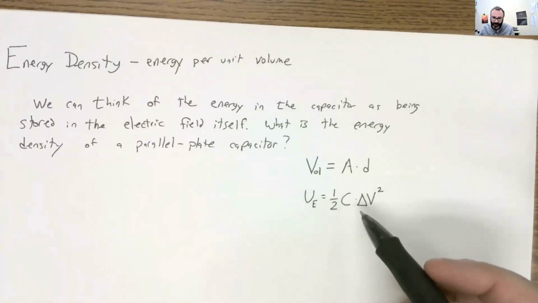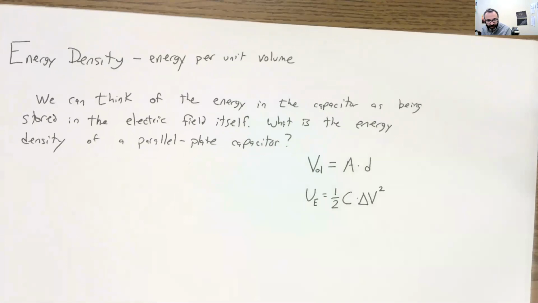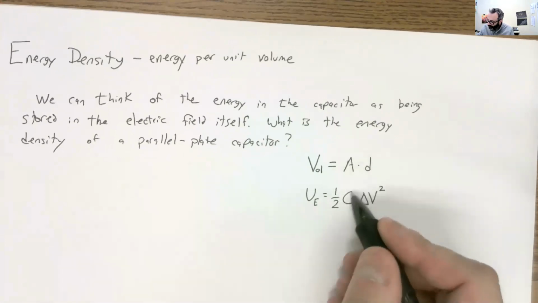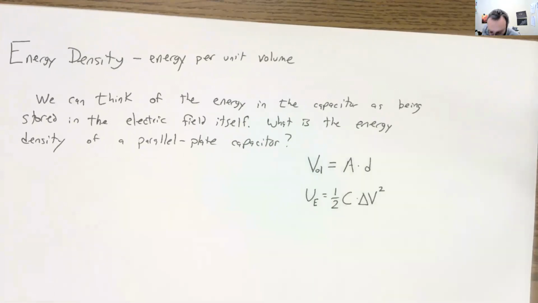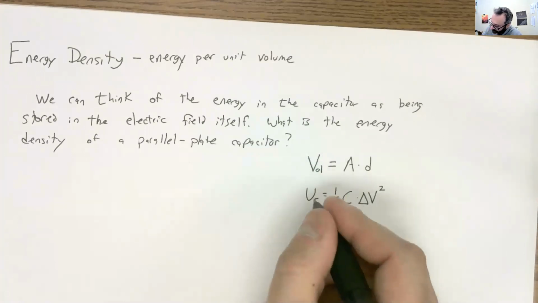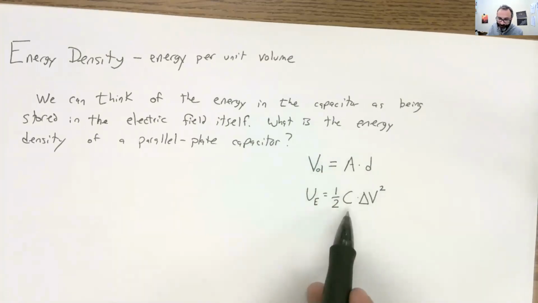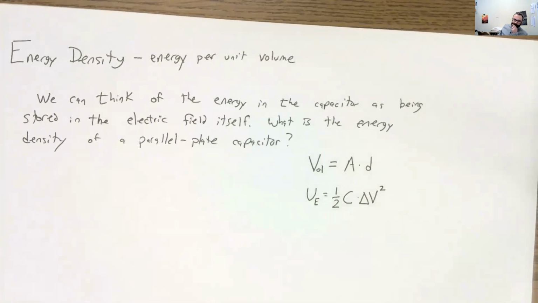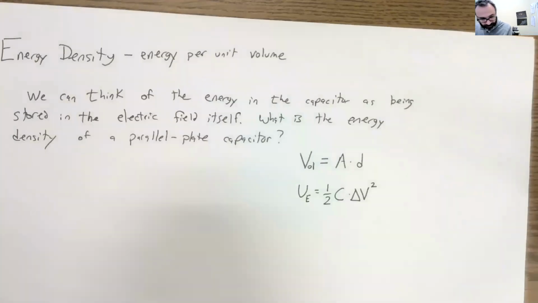So if we need the charge, we can always figure it out from that. But what about the work? Well, this is the work, right? The energy in the capacitor is the work it takes to charge it. So we've got that. One more thing. Well, then divide them. Okay, yeah, let's divide them and start with that.